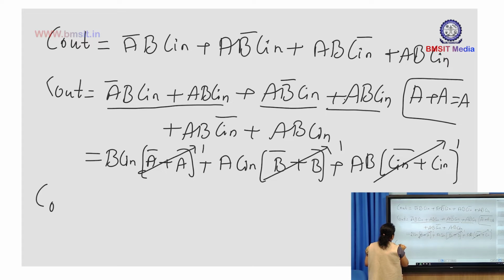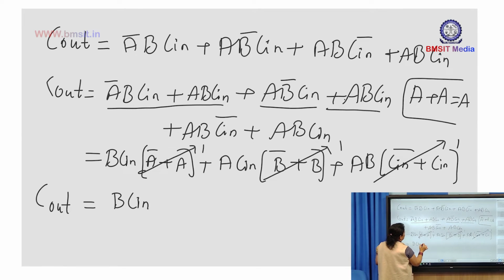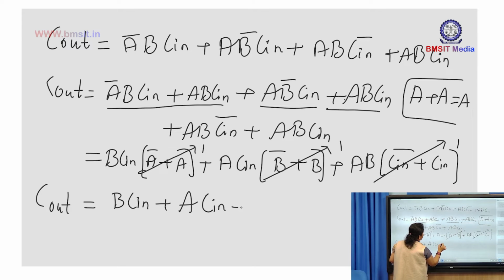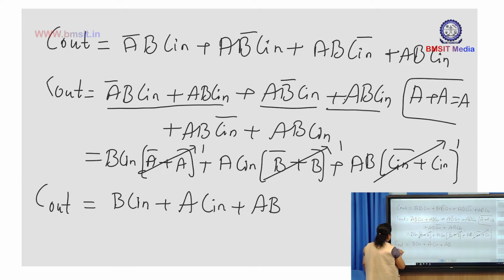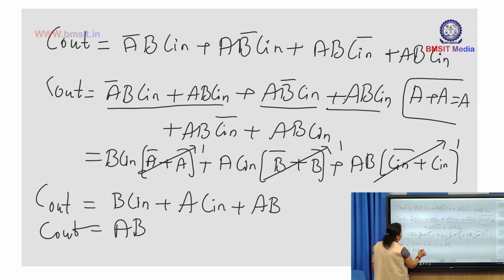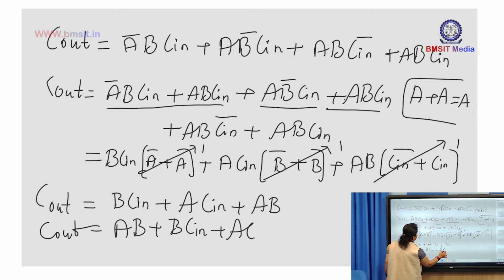So after using the rules, the C out expression gets reduced to B C in plus A C in plus A B. Or in an order, I can write this as A B plus B C in plus A C in.